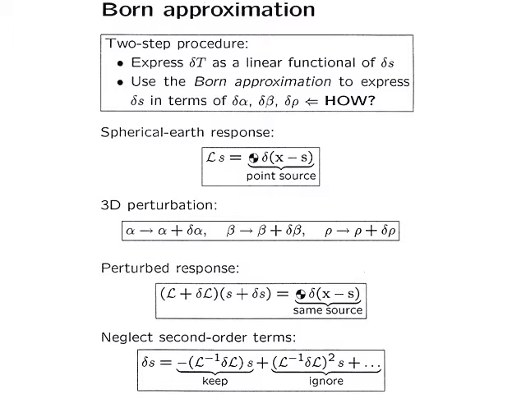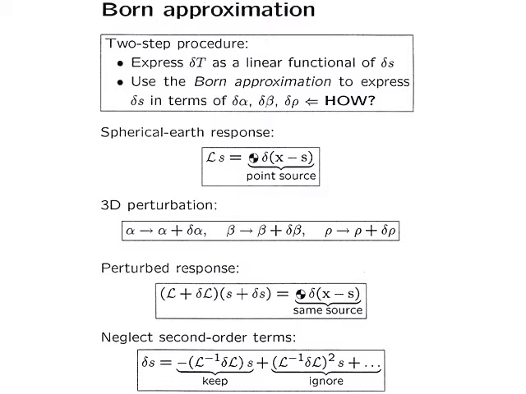And this is what the Born approximation was invented for. The way the Born approximation works, you start with the equation of motion that tells you how to compute the response S to an earthquake in an unperturbed Earth model. And this is some operator that tells you how to do that. And then you ask the question, suppose I perturb this Earth model, I perturb the P wave velocity and the S wave velocity by some amount.